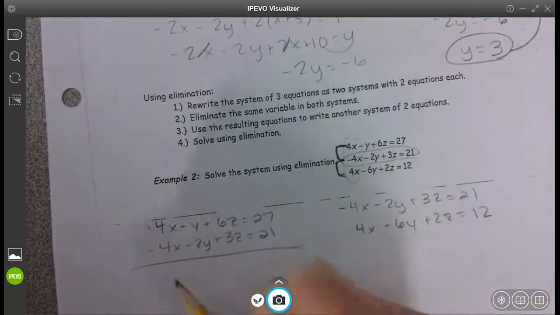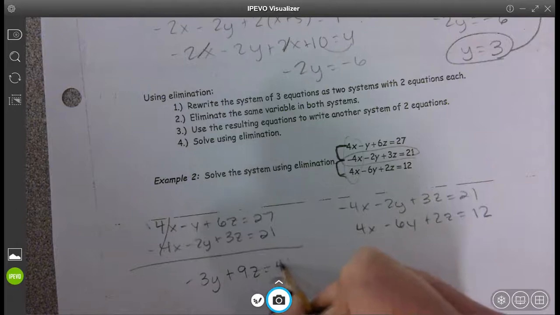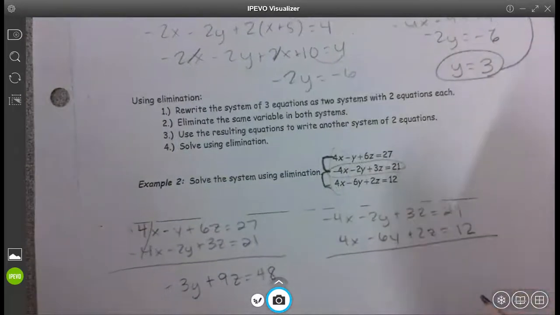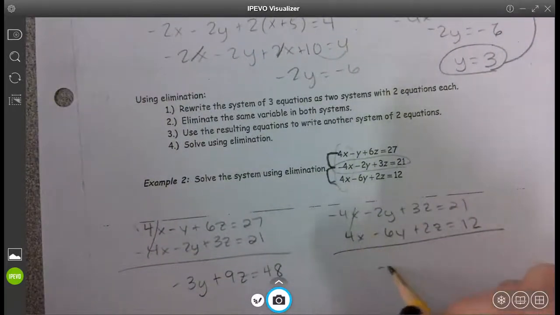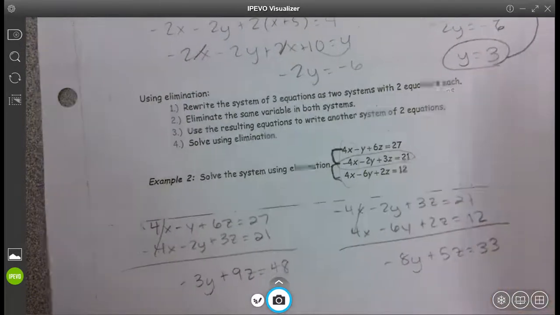When I add them together, I'm going to get negative 3y plus 9z equals 48. And when I put them together over here, I'm going to get negative 8y plus 5z equals 33.